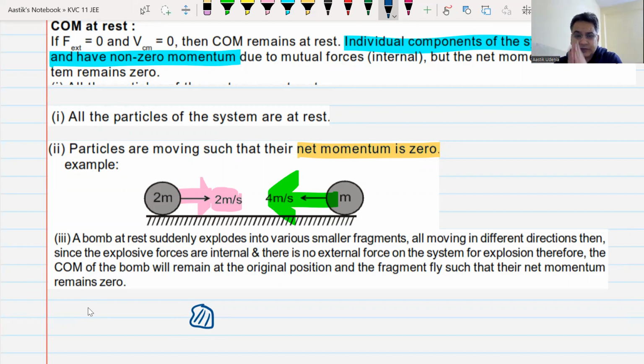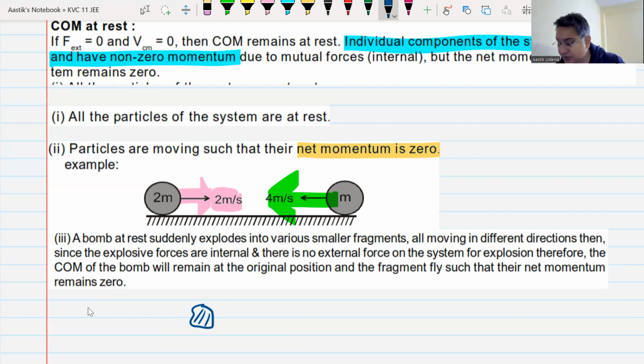Before exploding, the bomb is at rest, therefore the velocity of center of mass would be 0. We understand this? Before exploding, the bomb is at rest, so the velocity of center of mass of this entire bomb is 0.